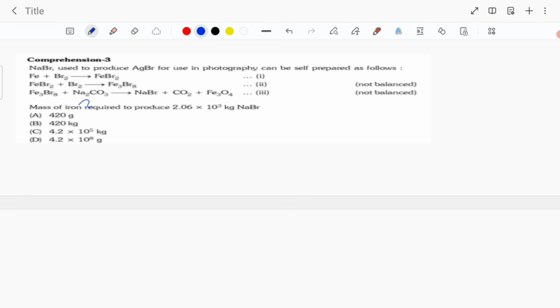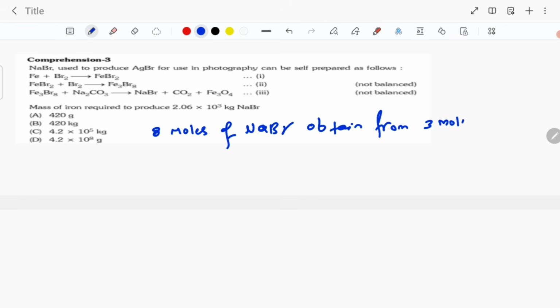So according to the given question, 8 moles of NaBr are obtained from 3 moles of iron. How do we balance the reaction?